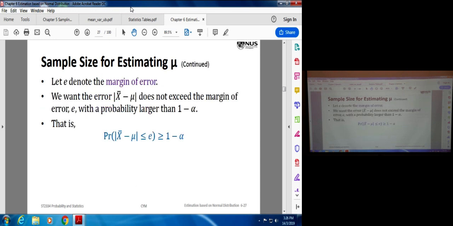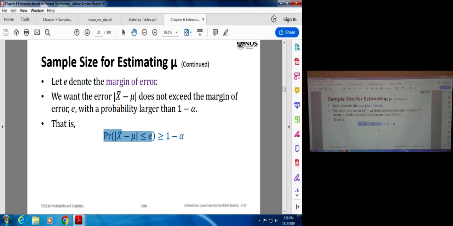Now E is the margin of error, and we'd like the error not to exceed the margin of error E. Let me say this right.